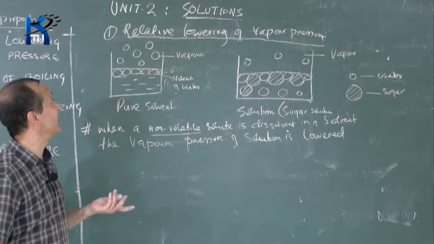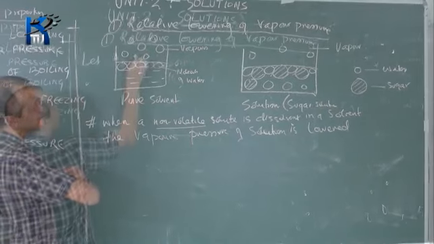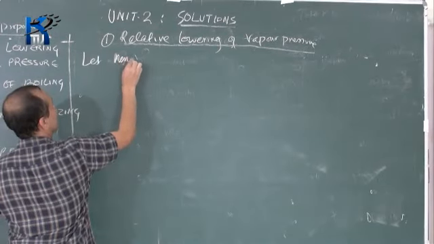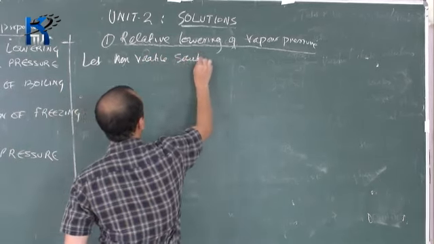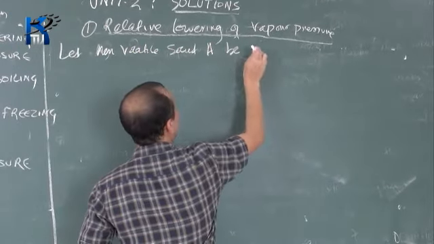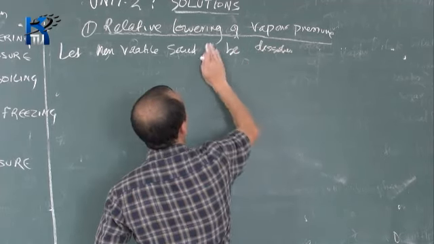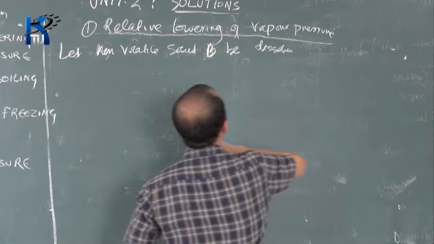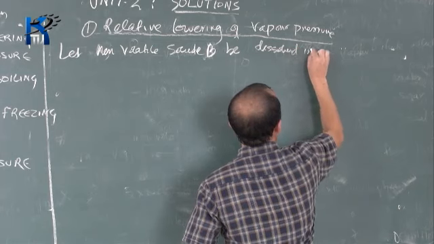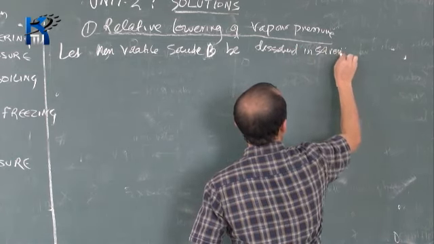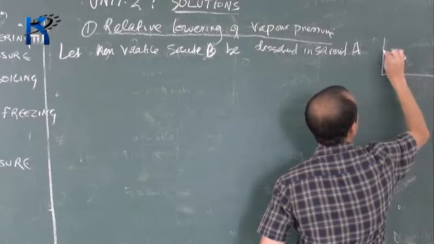Now we will explain what is relative lowering. For this, let a non-volatile solute, let's call it B, be dissolved in solvent A. So this is the picture.